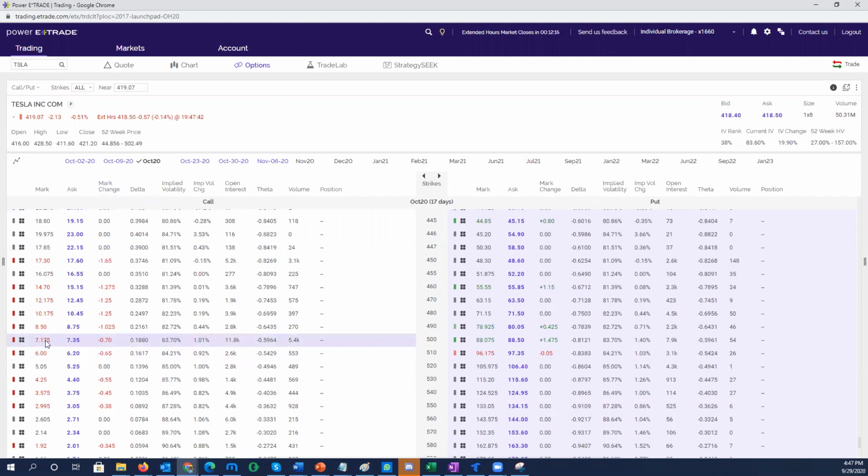So he collects $2,100 by selling this. When he sells against this 500, he's obligated, but he's collecting $700 for each contract he sells. He has 300 shares, so within 17 days he can collect $2,100.